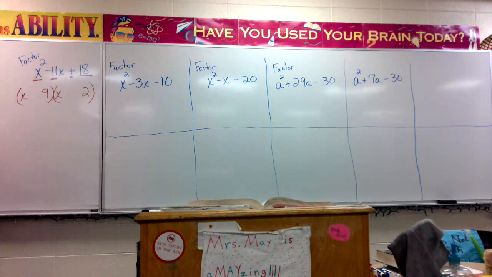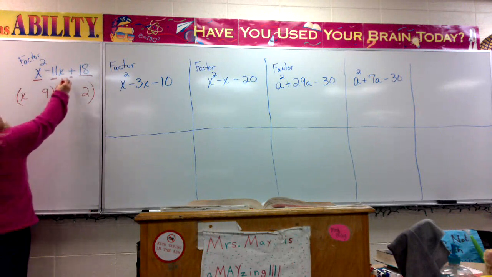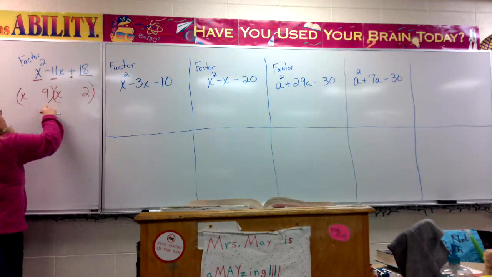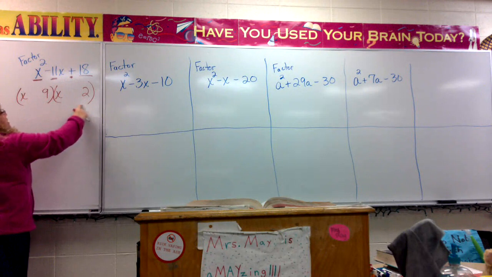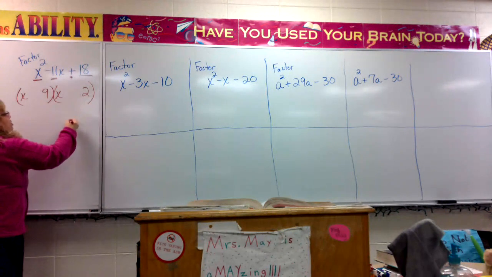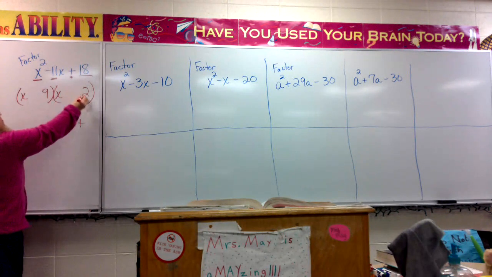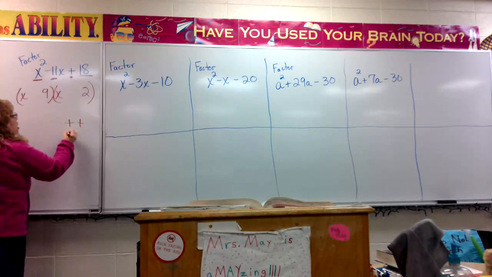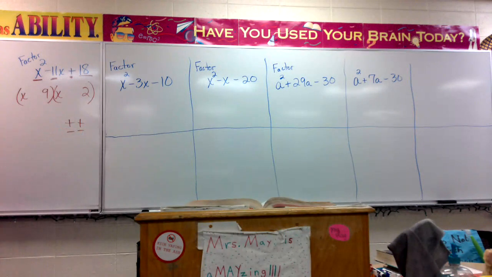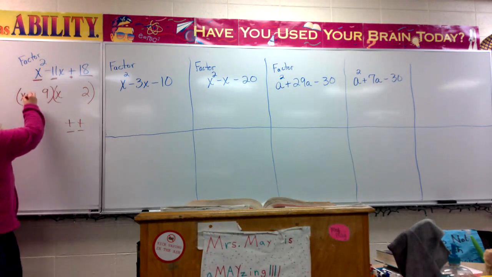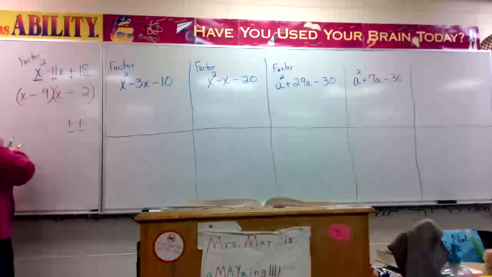Now for the signs, and I hope you've been doing it this way because it'll make your job easier today. If you have a positive here, how do you multiply these two numbers and get a positive? Well, you're going to have to multiply a positive times a positive or a negative times a negative, right? And because this is a negative, it's negative, negative.